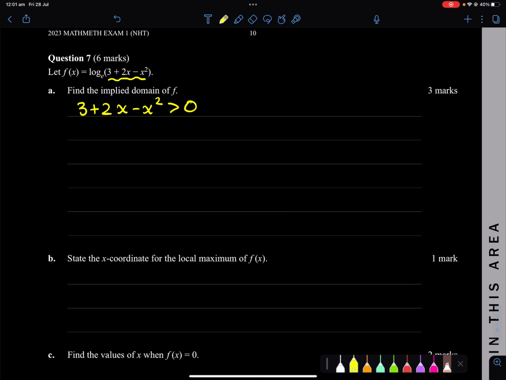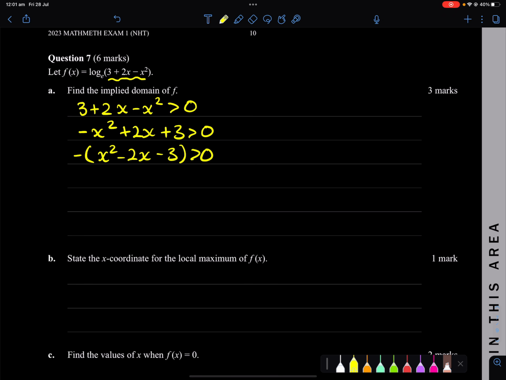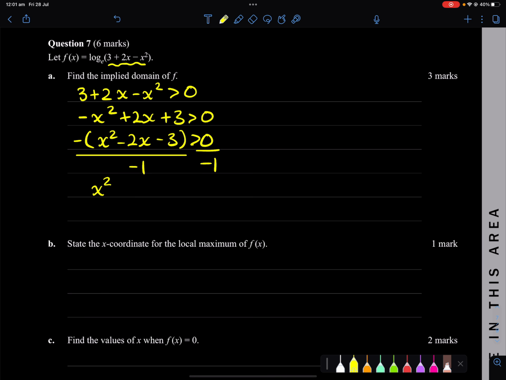Now, what I'm going to do here is I can just rewrite this. Negative x squared plus 2x plus 3 is greater than 0. I can take a negative out, so it'll be x squared minus 2x minus 3 greater than 0. Now, if I divide both sides by negative 1 to get rid of that negative 1, it will become x squared minus 2x minus 3.